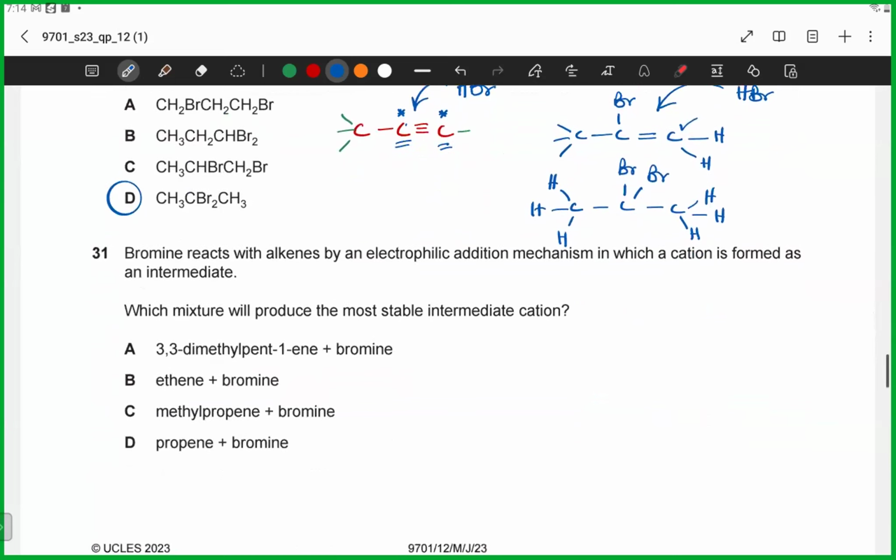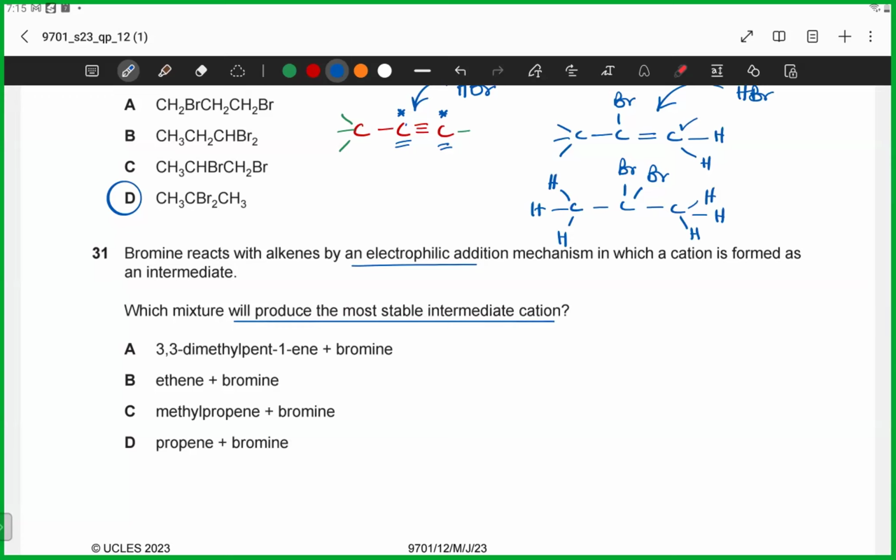अच्छा अगला पार्ट है bromine reacts with alkenes by an electrophilic addition mechanism in which the cation is formed as an intermediate। ये वो electrophilic addition reaction है, ठीक है? Which mixture will produce the most stable intermediate carbocation? पहले तो बताओ, which one is the most stable intermediate carbocation? Primary, secondary या फिर tertiary?